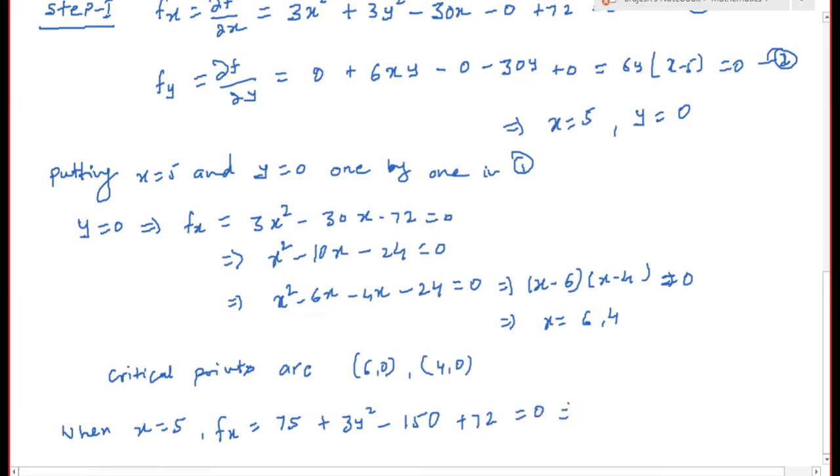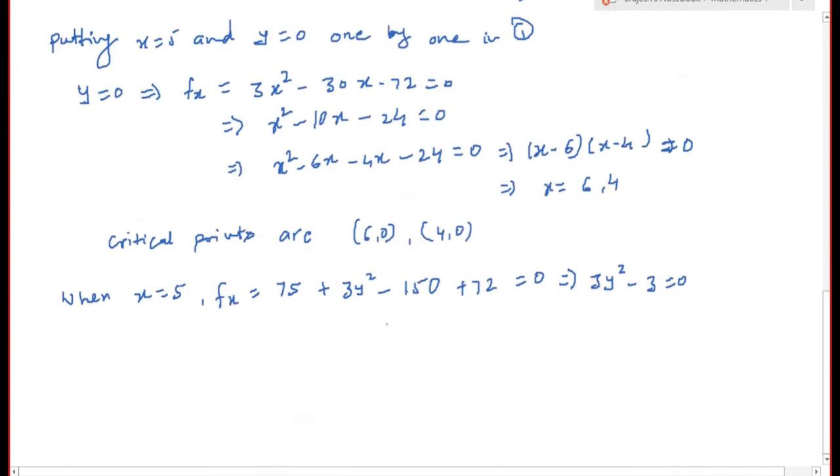So ultimately it is going to be 3y square minus 3 equals to 0. Or you can write here y square minus 1 equals to 0, or finally you get here y equals to plus minus 1.